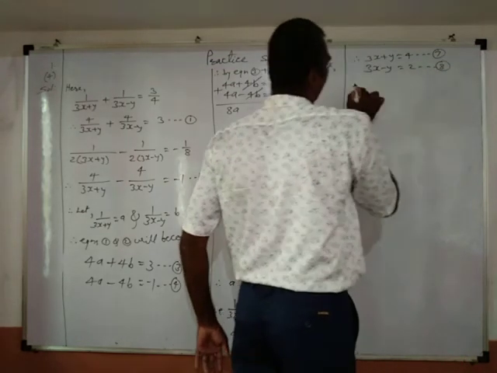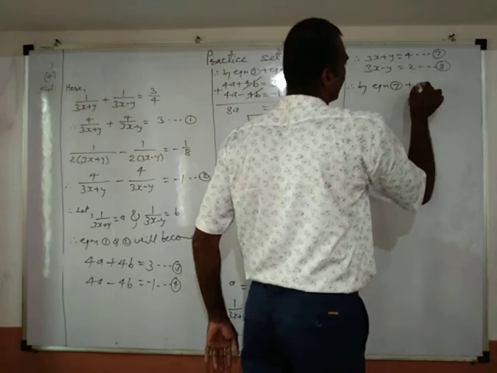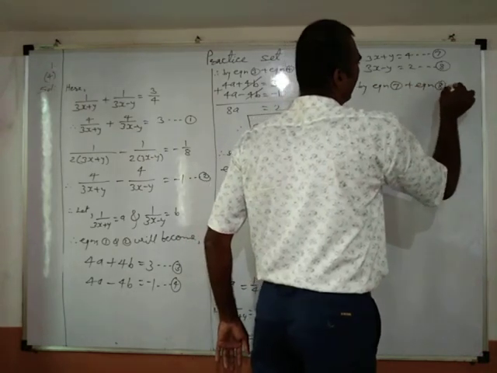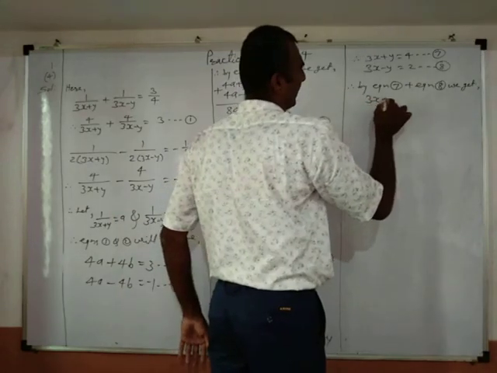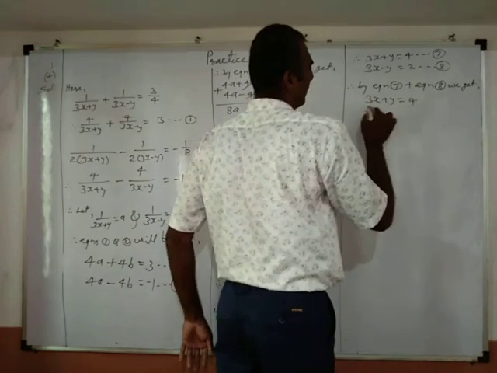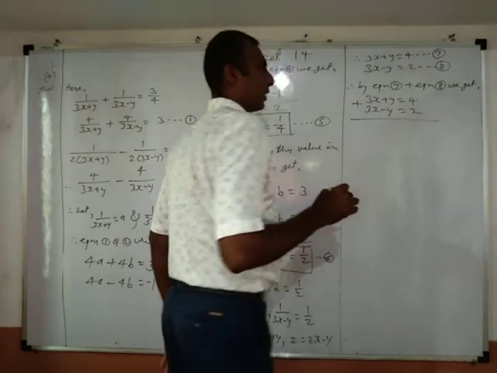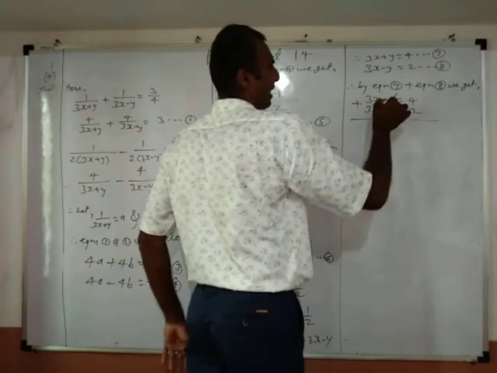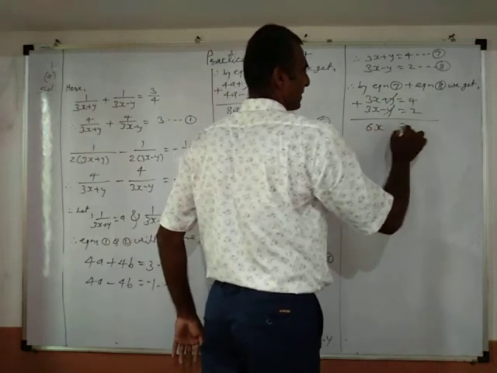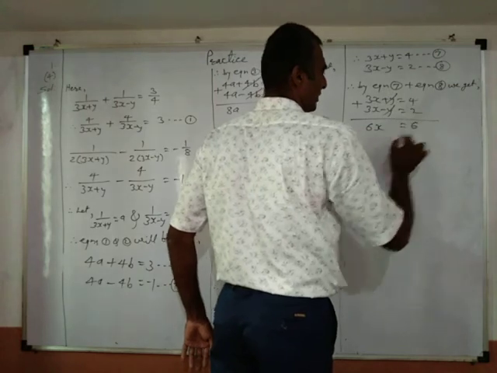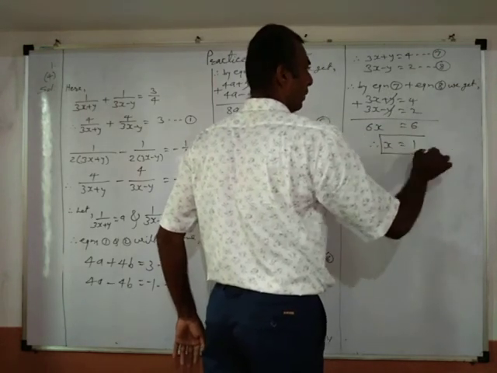And 3x minus y equal to 2. Equation 8. Therefore, by equation 7 plus equation 8, we get, let's see what we get. 3x plus y equal to 4, 3x minus y equal to 2. As we are adding these two equations, plus y minus y will cancel. 3x plus 3x gives us 6x. 6x equals 4 plus 2, 6, and therefore x equal to 6 upon 6 means 1.